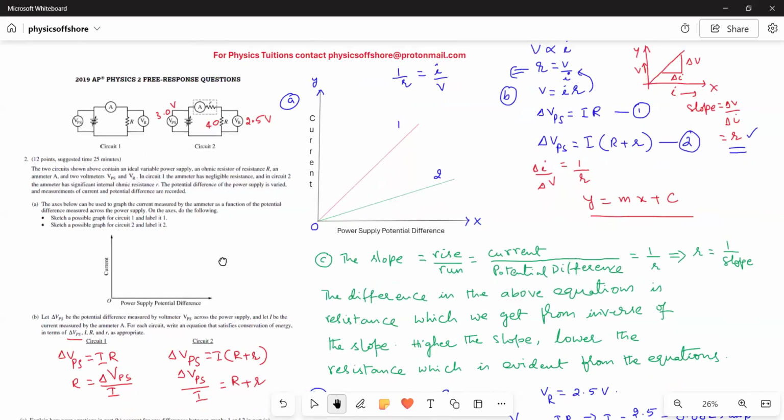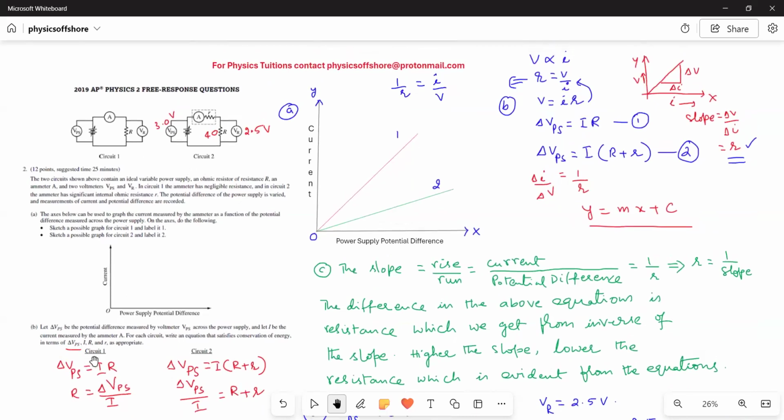Now, let me write the equations for circuit 1 and circuit 2 based on Ohm's law. According to Ohm's law, V is equal to IR. Therefore, the voltage across the power supply must be equal to the current flowing through the circuit times the resistance of the circuit.